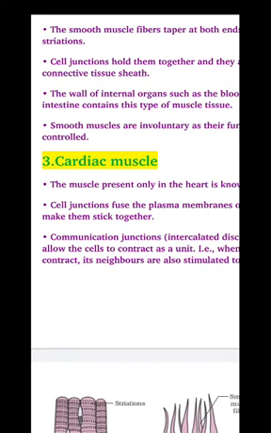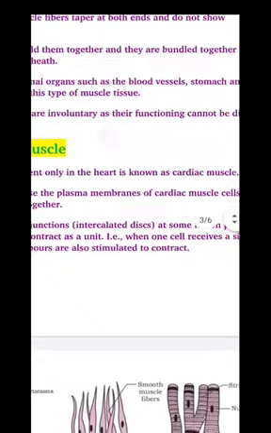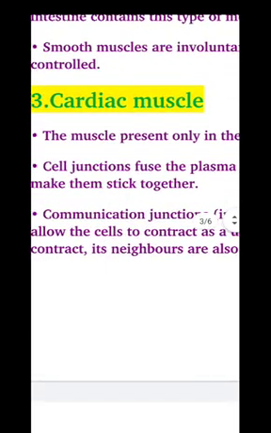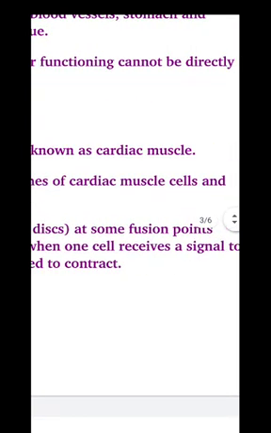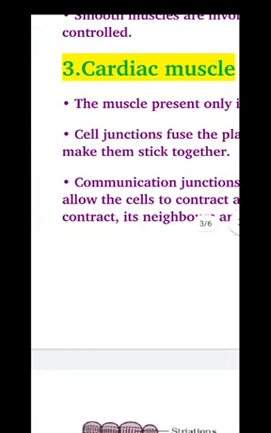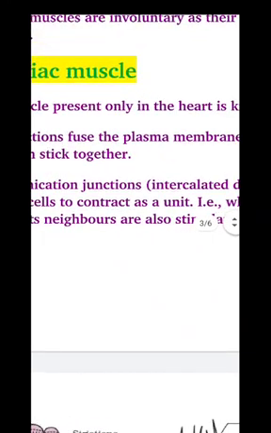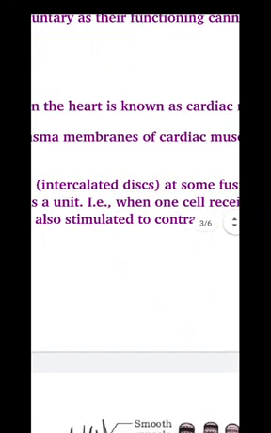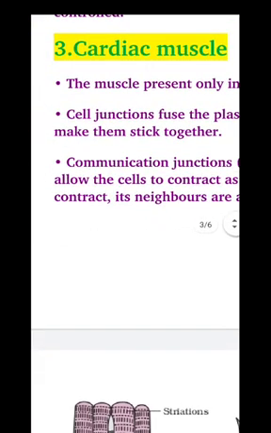The third type of muscle is cardiac muscle. The muscle present only in the heart is known as cardiac muscle. Cell junctions fuse the plasma membranes of cardiac cells and make them stick together.